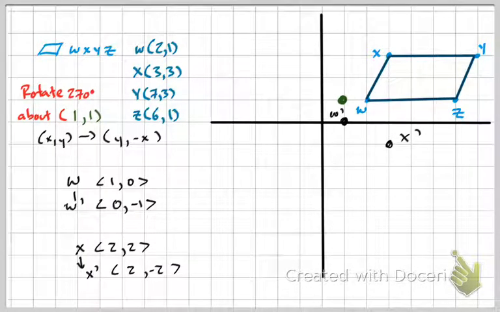Okay? For my y is 1, 2, 3, 4, 5, 6, 1, 2. So to the right 6 and down 2. So that's 6, 2. Y prime is flip-flop them, and the x became negative. So to the right 2 and now down 6.